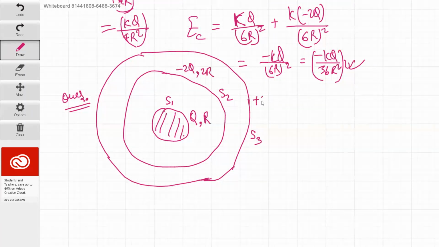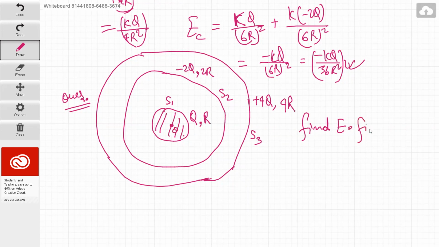Here the charge is plus 4Q. Consider the radius is 4R. Find the electric field. This center point is O point. Find electric field at A, B, C and D.